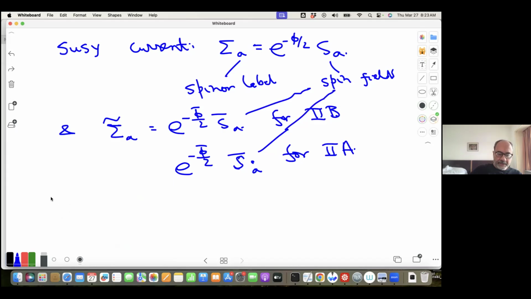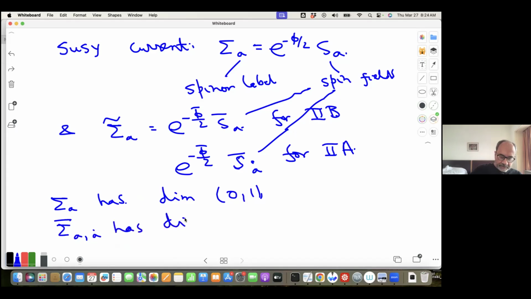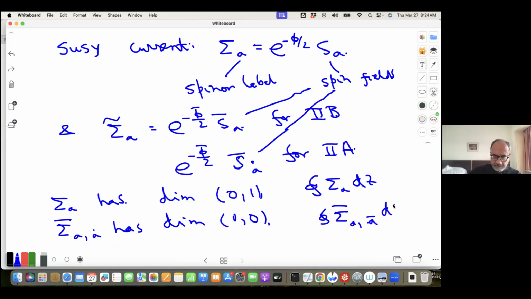So sigma indeed can be shown to have dimension (0, 1), and sigma bar_A or A-dot has dimension (1, 0). So it does make sense to write a world-sheet identity involving sigma_A dz and sigma bar_A-dot dz bar.